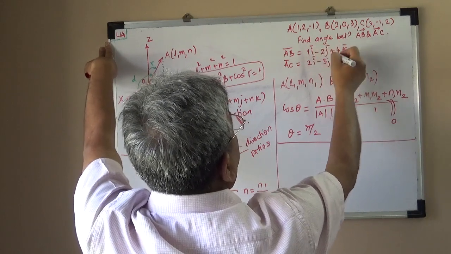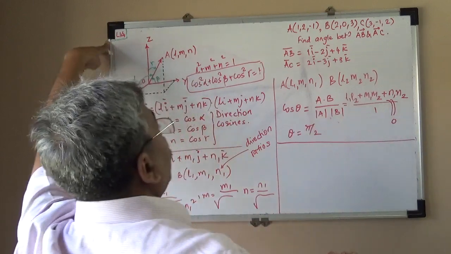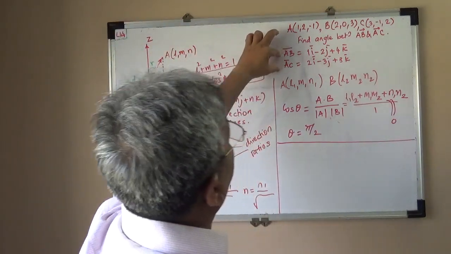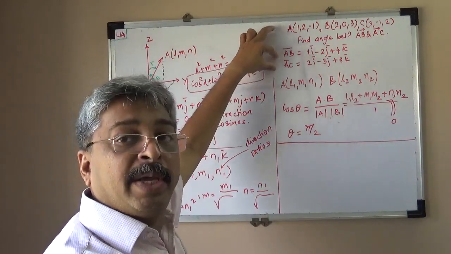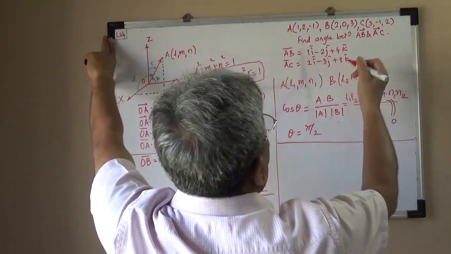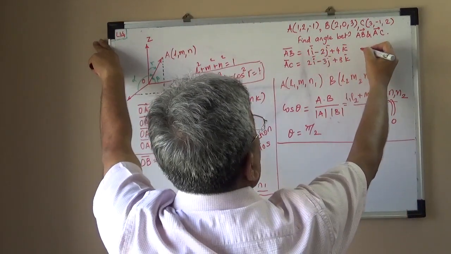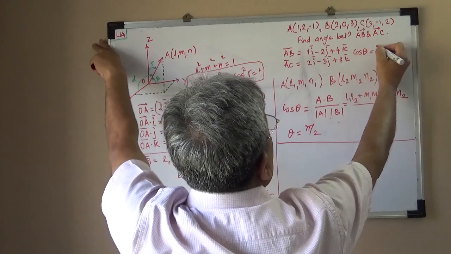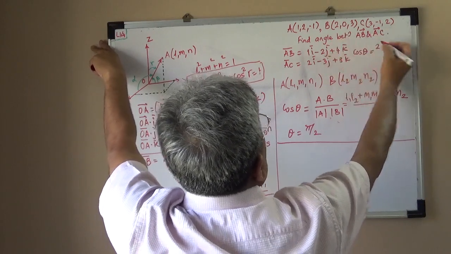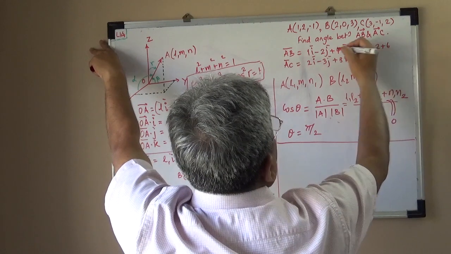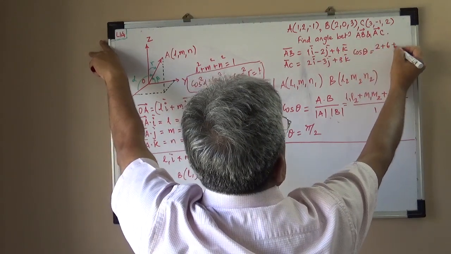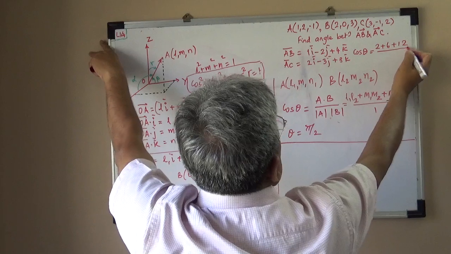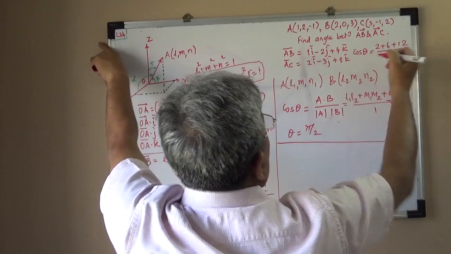So these are the two vectors that we have now, and we are supposed to find the angle between AB and AC, and we already have the formula. So cos of angle theta is equal to 2 into 1 is 2, minus 3 into -2 is plus 6, 4 into 3 is plus 12, so it is 20 upon.